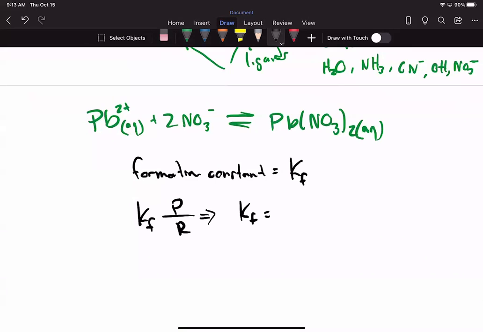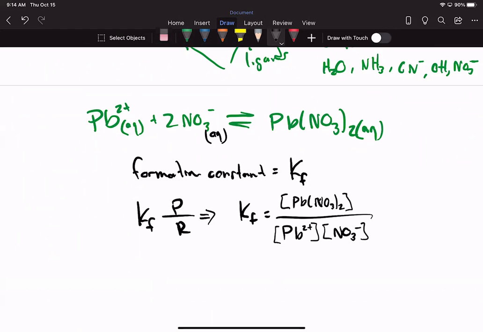That Kf is equal to Pb, let me rewrite that, over our reactants, because this is all aqueous, I don't have any solids here. So here we have what's called our Kf.